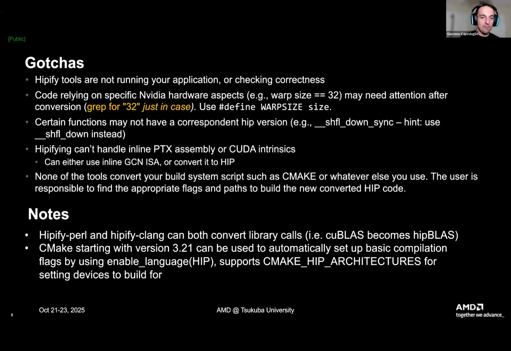And some functions from CUDA may not exist in HIP, and hipify also can't handle inline PTX assembly or CUDA intrinsics. But once you're aware of this, you can work around it. So you have to keep these in mind.